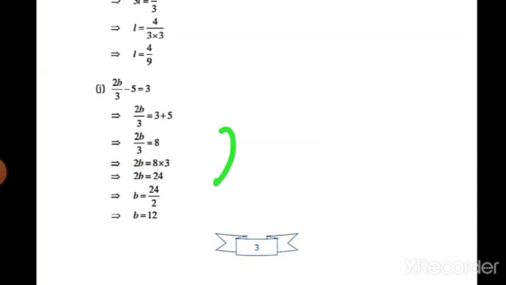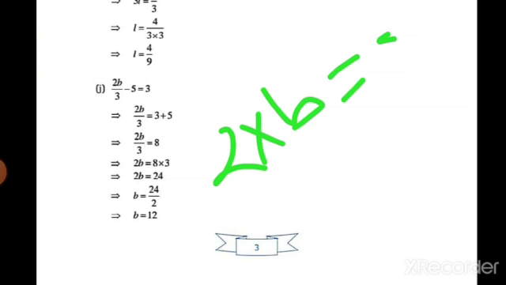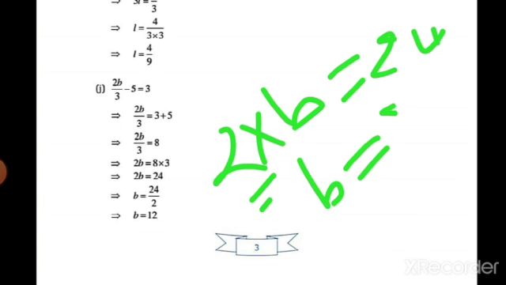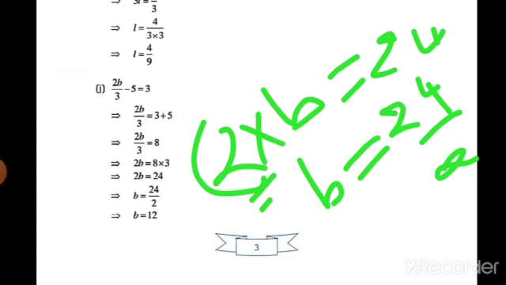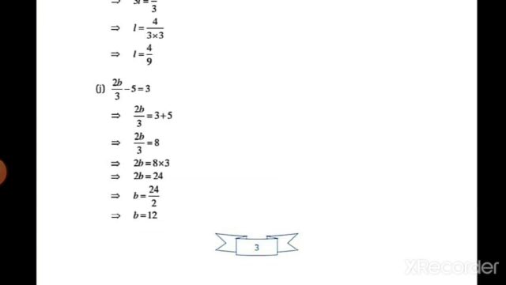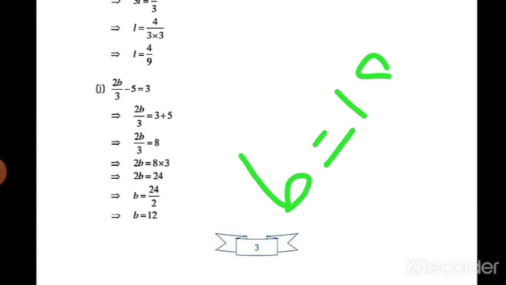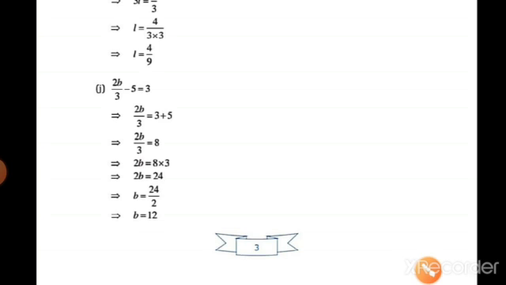If we want to transfer the 2 to the right hand side, then we have to divide, 24 upon 2, because 2 is in multiplication and after transposing it becomes a division. So b is equal to 12 we can get, because 2 12s are 24. In this way you can find the solution of any equation.